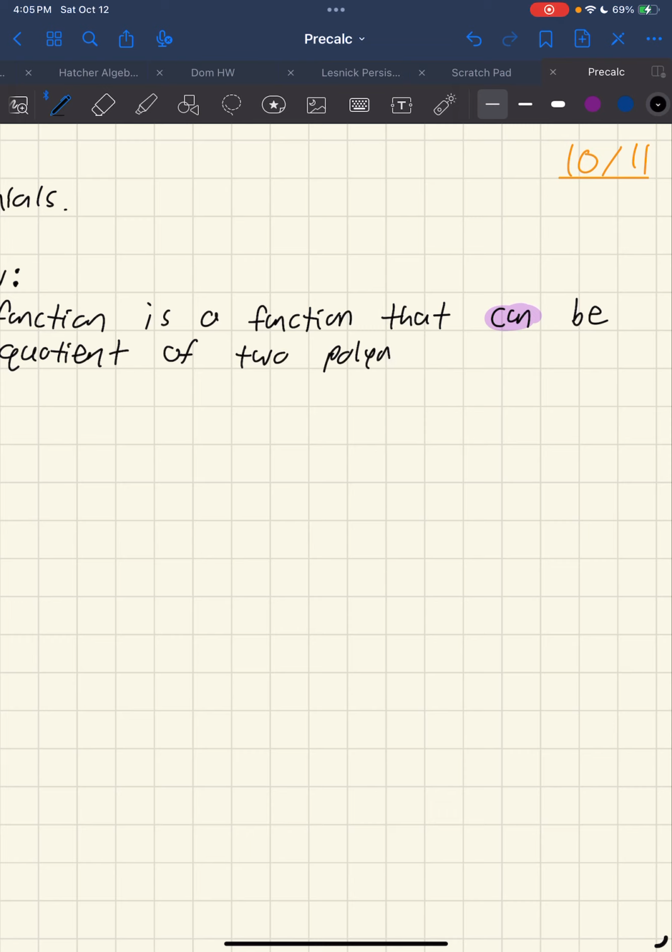The polynomials can be the same or different. If they're the same, the function is just one, which is a boring example. So let's assume the two functions are different.